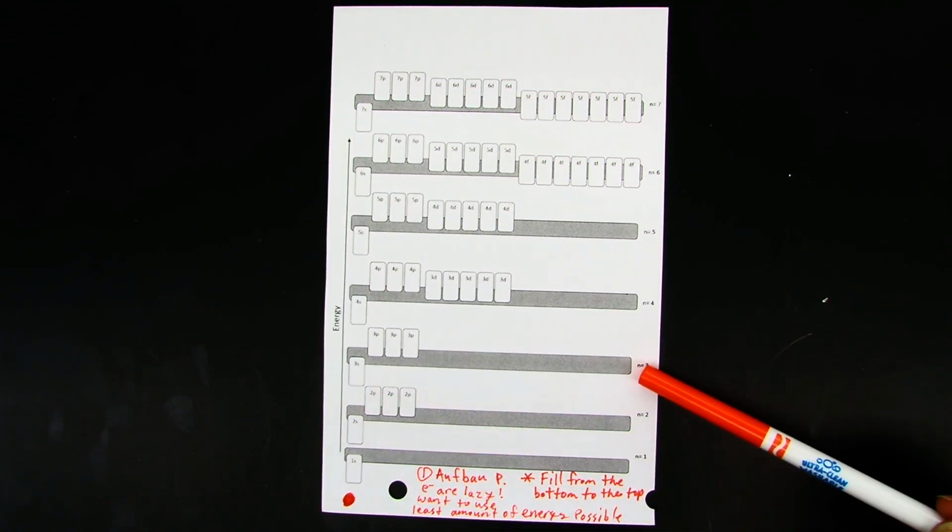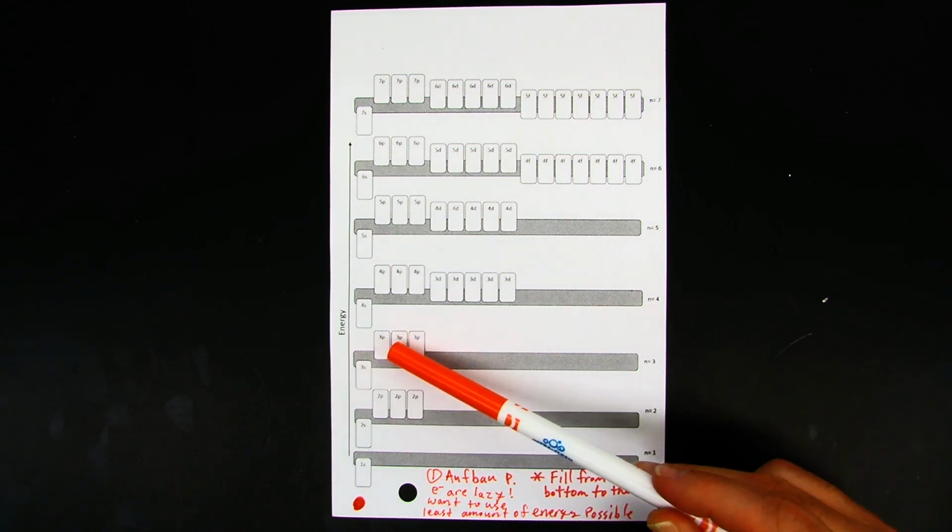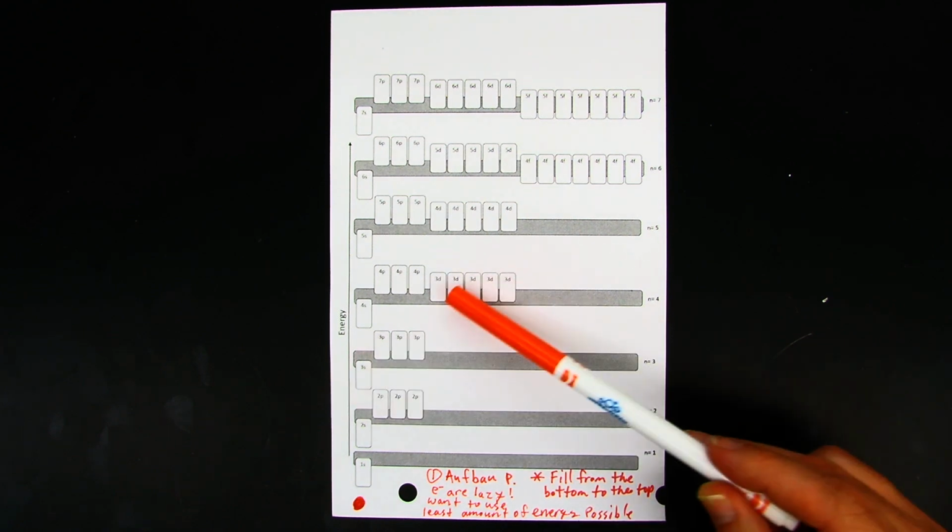This energy level, n equals 1, only has one sublevel, the 1s. This energy level has two sublevels, the 2s and the 2p. The third energy level has three sublevels, so you'll see the 3s, 3p, and the 3d up here.